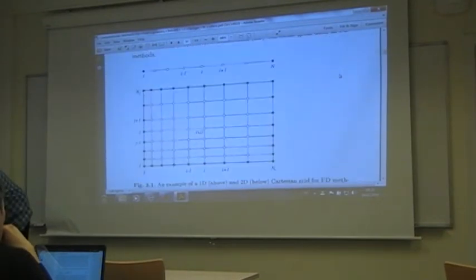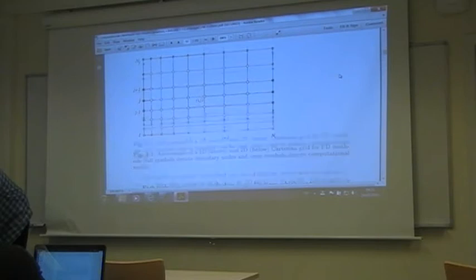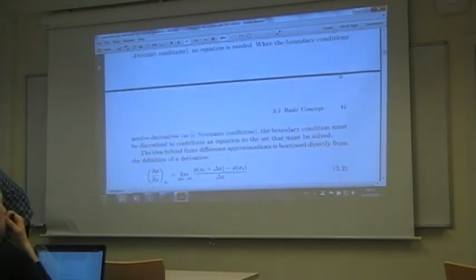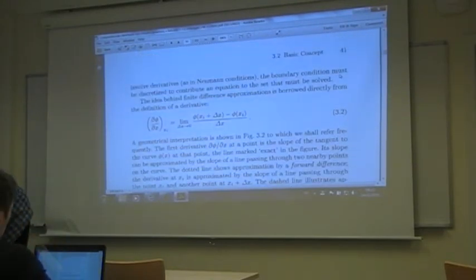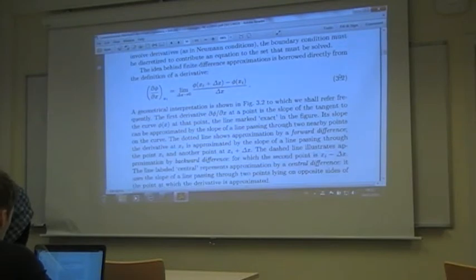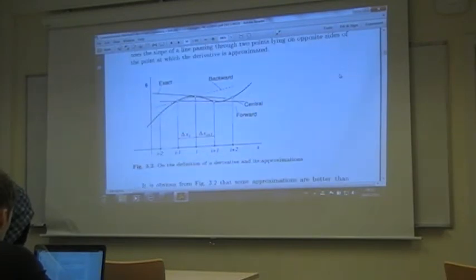And then the basic concept, as you all know, discretize your space and start using Taylor series, finding expressions for the derivatives, and then insert them into your PDE.